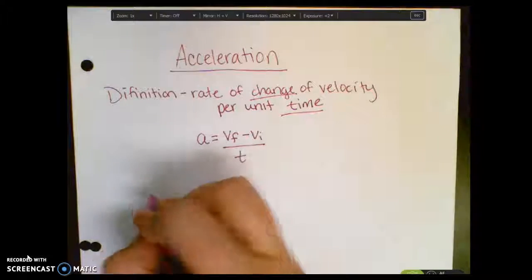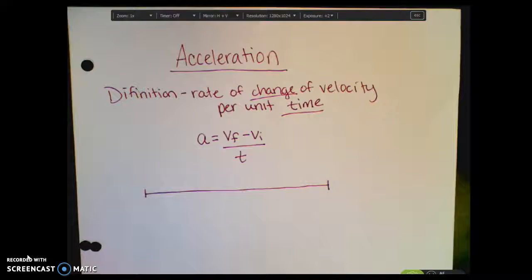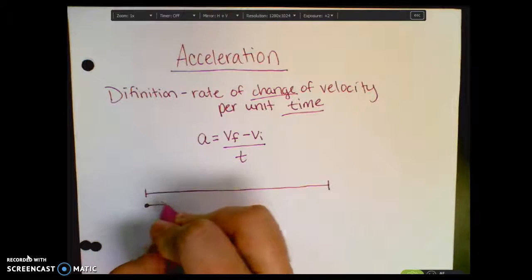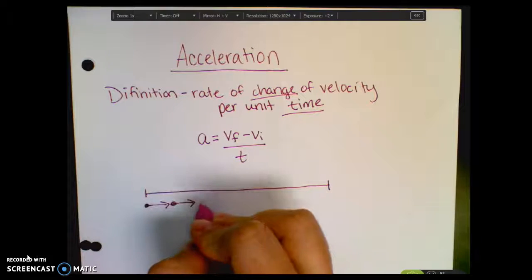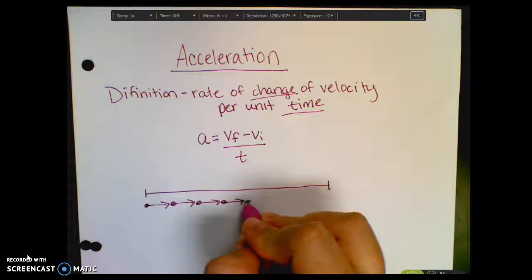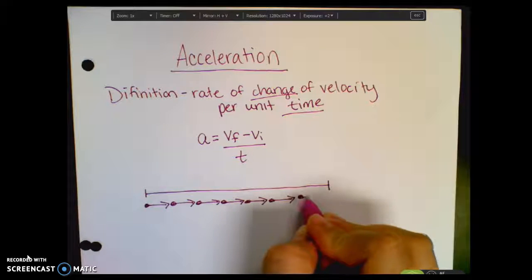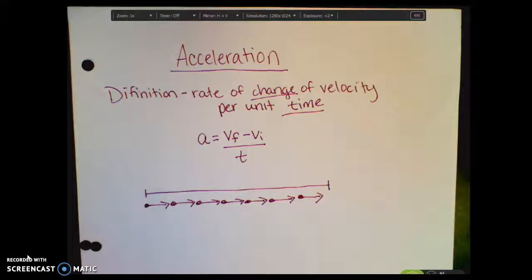Now, let's look at a couple visual examples here. Let's say we have an object. I'm going to represent the object's speed by arrows. So the length of the arrow will basically represent how fast the object is traveling. Here we have an object moving, and each arrow is going to represent like a unit of time. So here we have an object that we would say is moving at a constant speed.